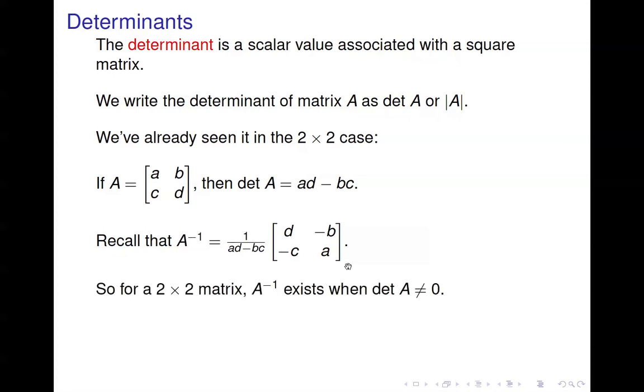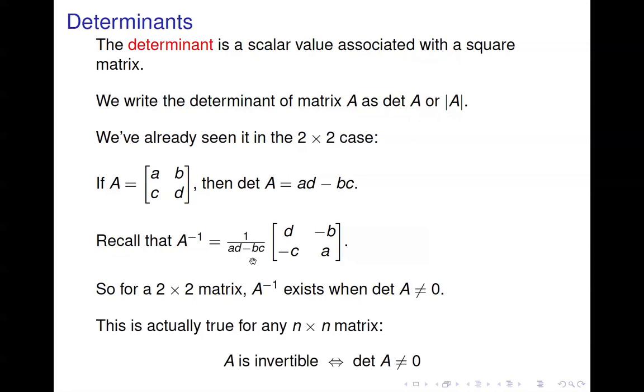and then we rearrange the terms and negate a couple to get the inverse of a matrix. So notice that at least in the case of a 2 by 2 matrix, the inverse exists when the determinant of the matrix is not equal to 0. Here, if AD minus BC is equal to 0, then A inverse does not exist. And it turns out that this is true for any square matrix.